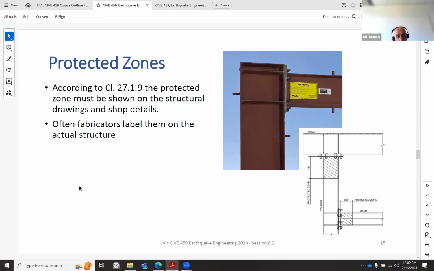However, in order to avoid future changes, the fabricators also label them, so that even a long time in the future, if there's a modification, nobody punches a hole or welds another system in this protected area.